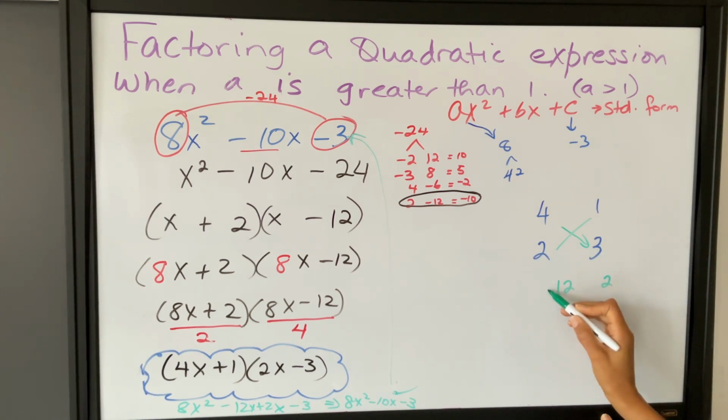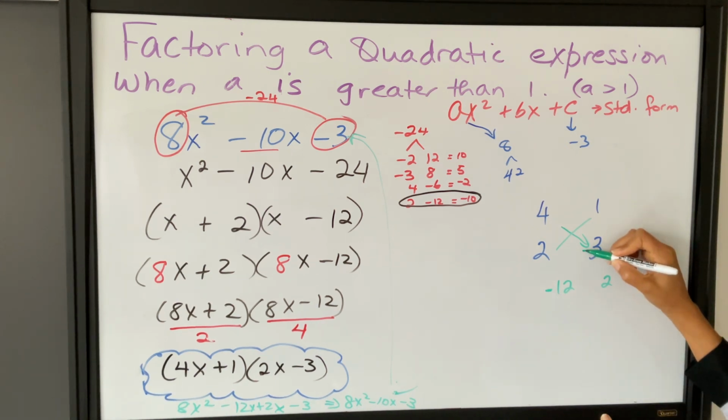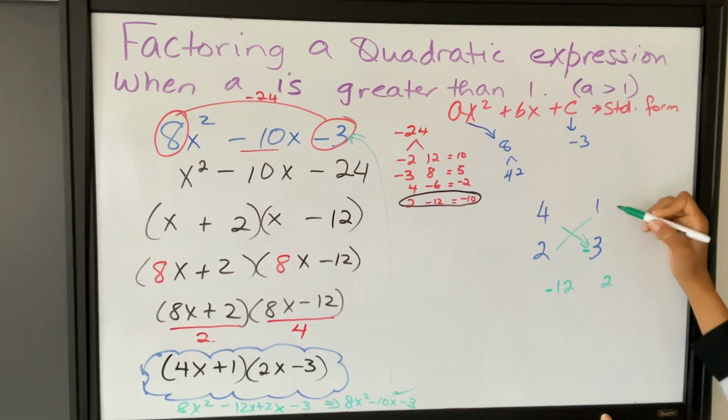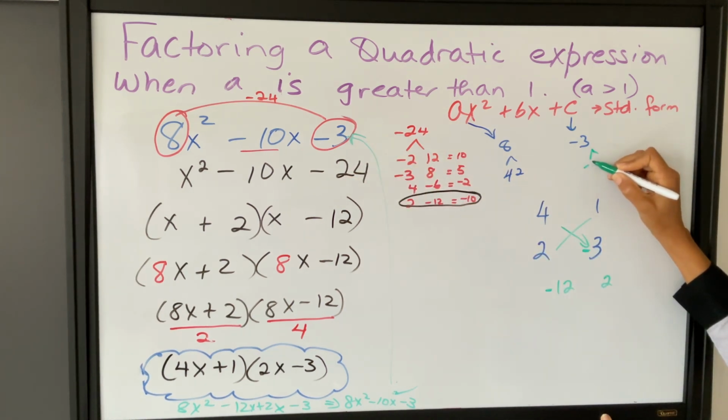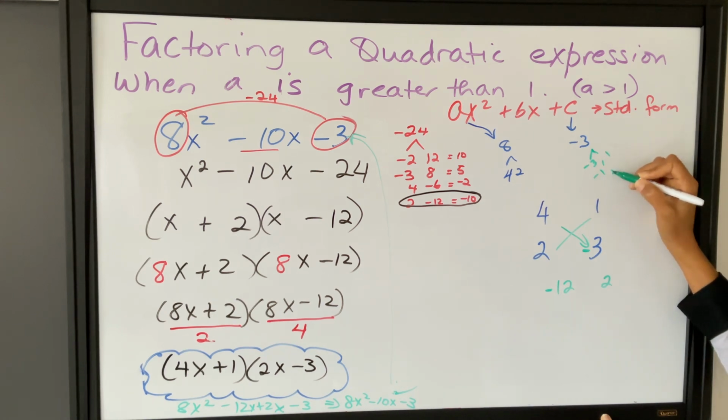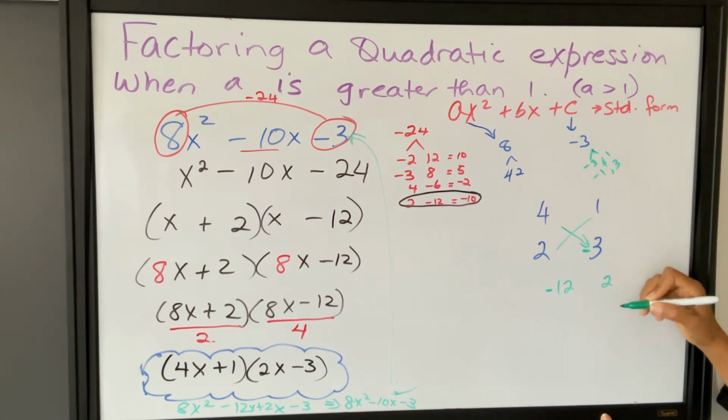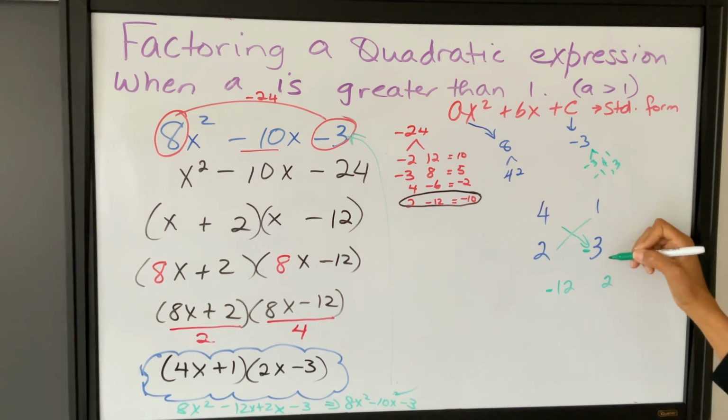I need something to be negative, so this has to be negative, all right? So now I'm going to negate this for my 3, because remember I had negative 3, and I'm saying, okay, it's either going to be negative 3, or it's going to be 1, or it's going to be negative 1 and 3, okay? So now I know which one to negate.